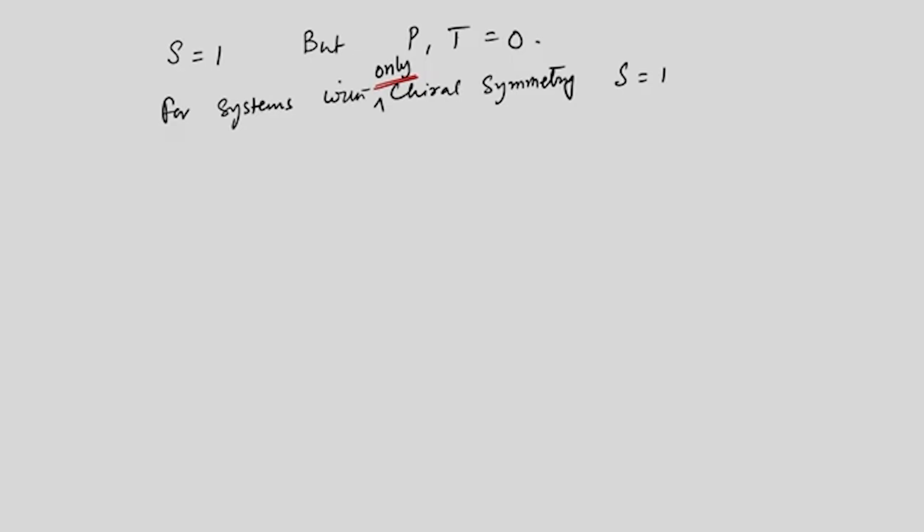So this chiral symmetry is not a trivial symmetry that we can understand just like we have understood the time reversal symmetry or the particle hole symmetry. In fact, the chiral symmetry is very apparent in systems with sublattice structure. For example, you have seen graphene. Graphene has a sublattice structure.